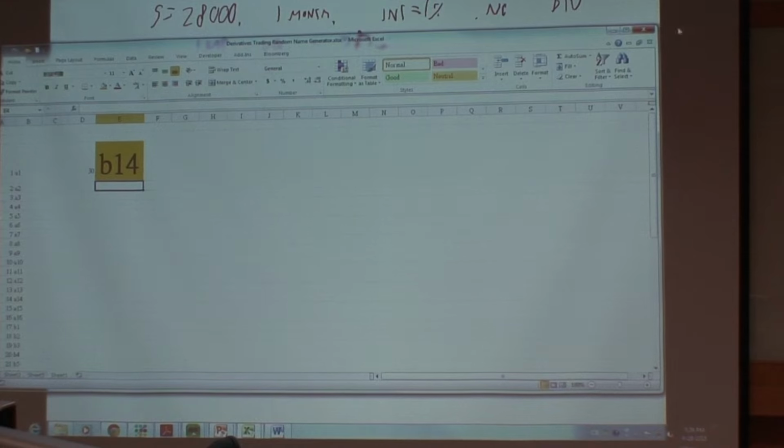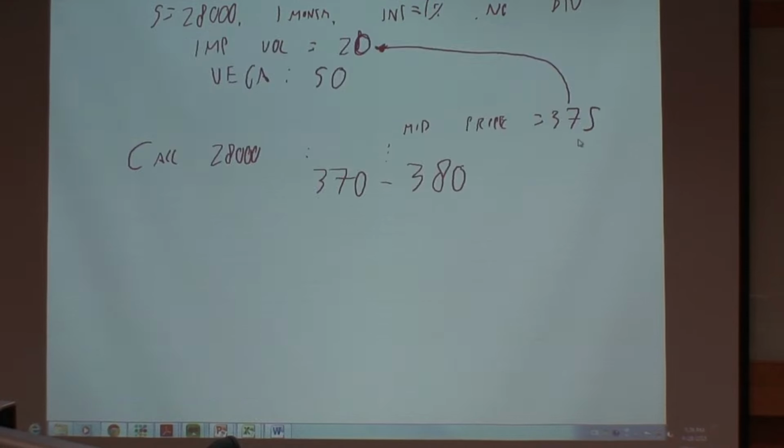Maybe. Okay, let's. Now, what I'm trying to do, I know that one volatility point will make my option worth $50 more, right? So if volatility 20 is 375, then $5 lower at the bid price, what would be that volatility?